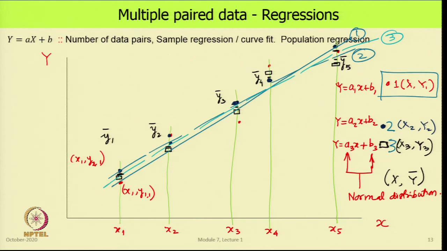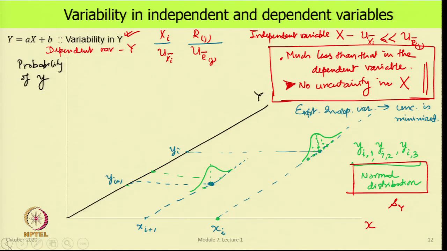This will be the case if all the y's had normal distribution with similar parameters. So, what we said in the earlier thing, that each one of these is the same, in addition to saying that they have a normal distribution, we can also add here that their standard deviation is the same at every x.